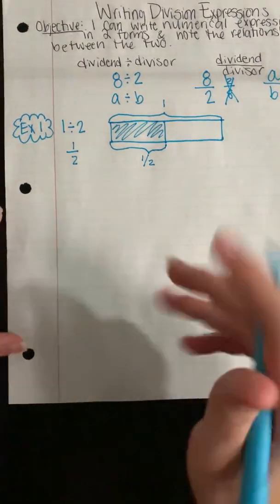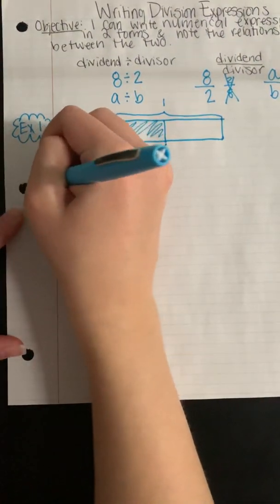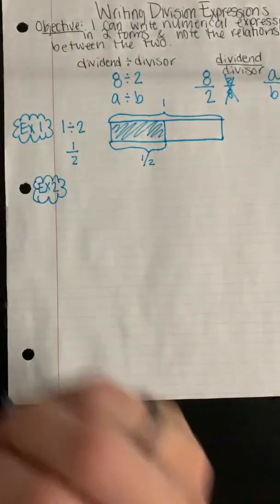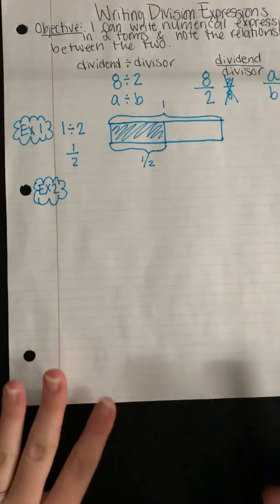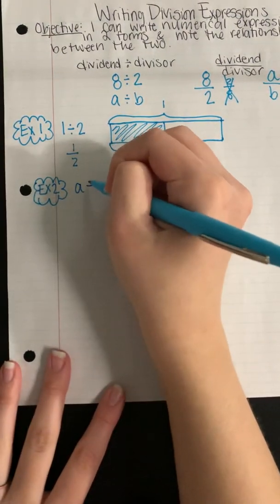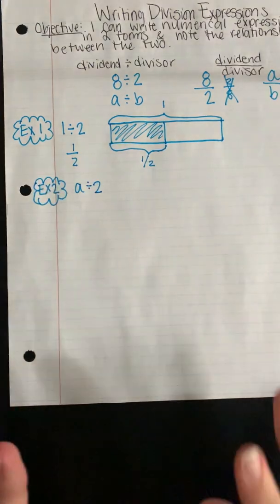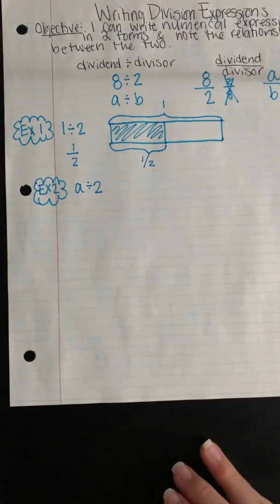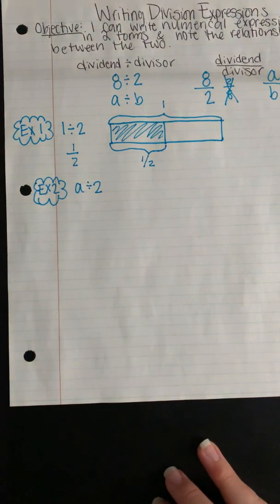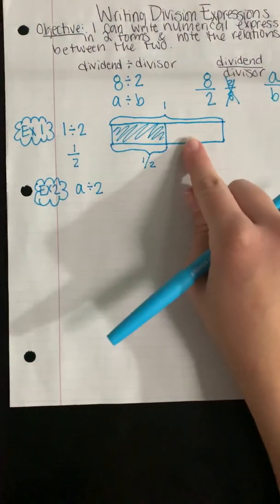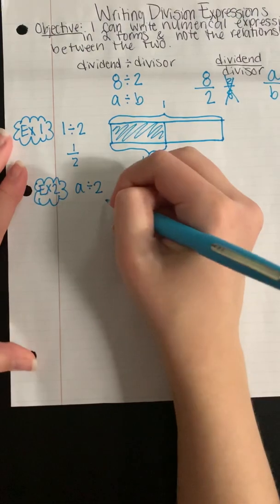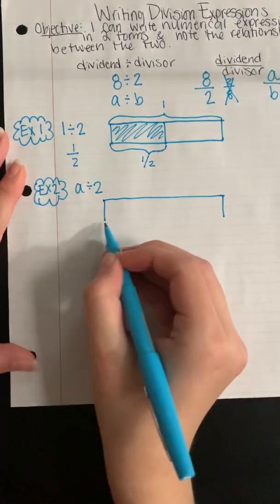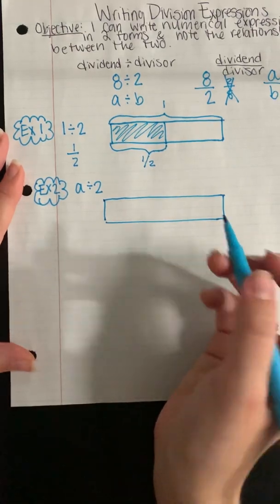For example 2, let's write an expression using a variable. So let's show A divided by 2 without the use of that division symbol. Here we have a variable being divided by 2, but we can look at a model just like we did with this problem. So I would show my entire bar diagram just like I did before.